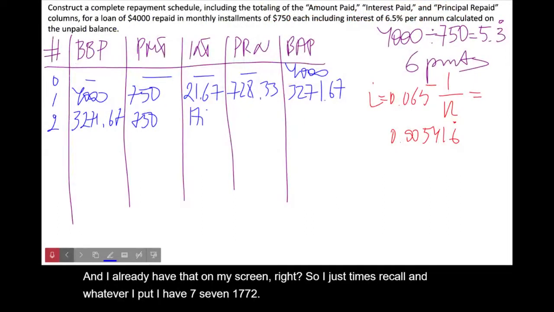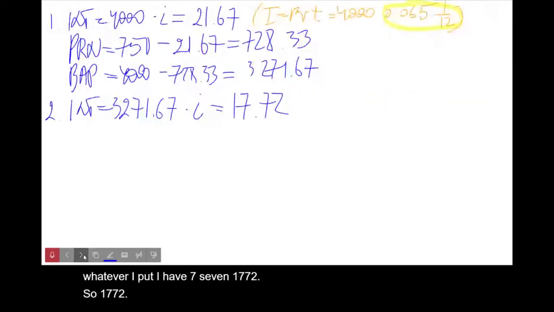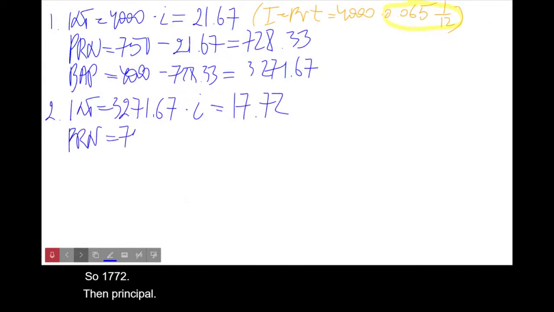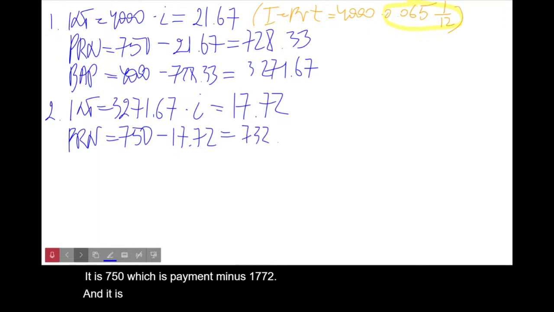So 17.72, then principal is 750, which is payment, minus 17.72, and it is 732.28.